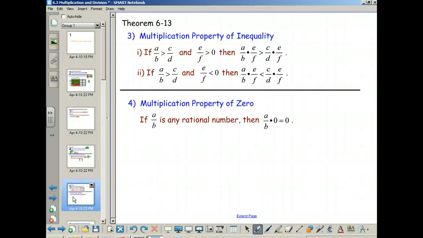It says that if I have an inequality, a over b is greater than c over d, and I multiply by a positive number, the inequality stays the same. And if I multiply by a negative number, the direction of the inequality switches from greater than, in this case, to less than. Multiplication property of 0 simply says that if I multiply by 0, I get 0.